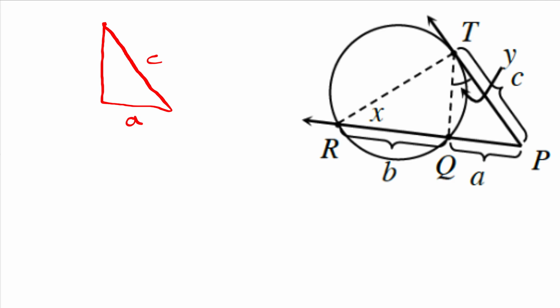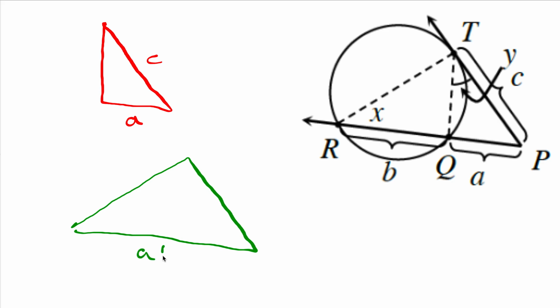Okay, and then what if I take this triangle right here and section that off? Well, that's going to be A plus B, and that is C right there.